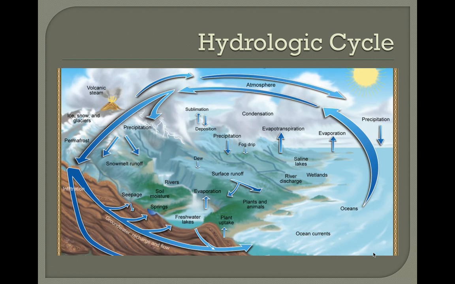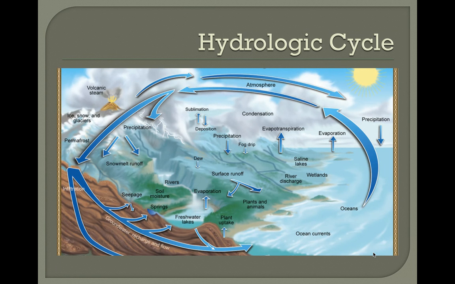You're looking at condensation from rain, from snow, from hail and different types of precipitation. But then you have water that is evaporating from lots of different places as well. You can see in this picture, you've got ice and snow and glaciers, and then you've got volcanic steam, and then you've got the natural everyday evaporation.